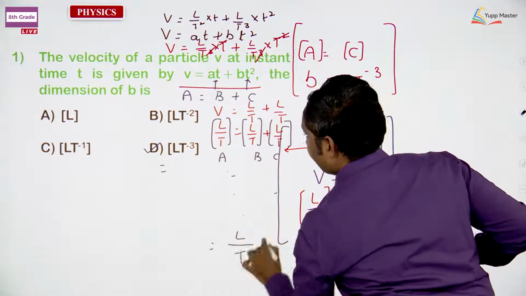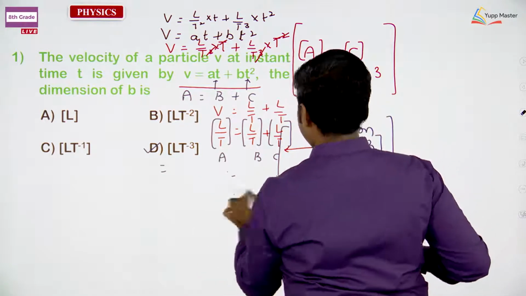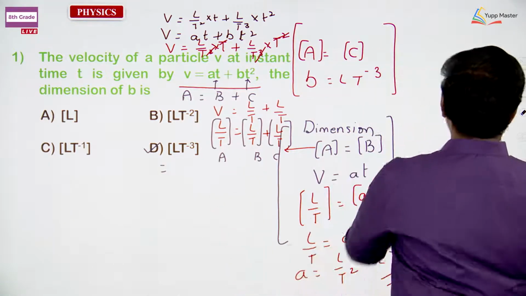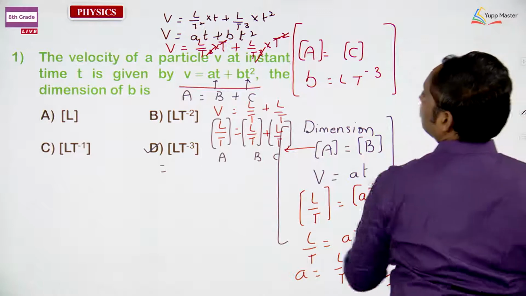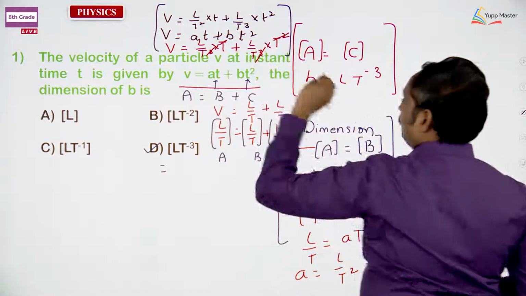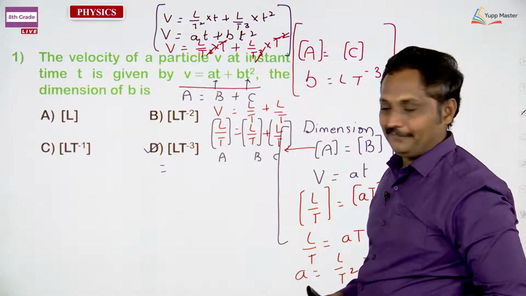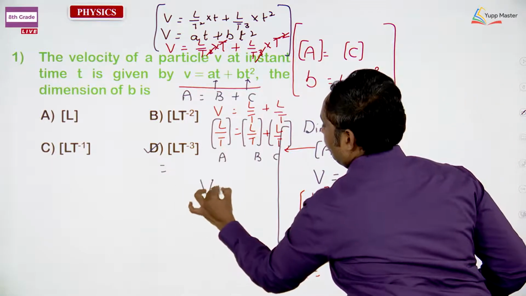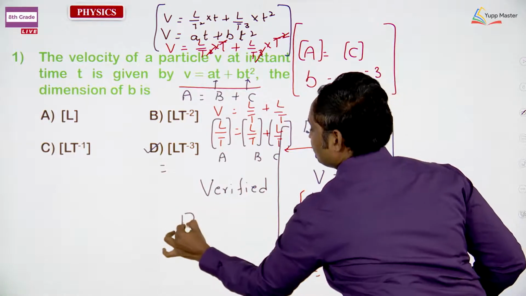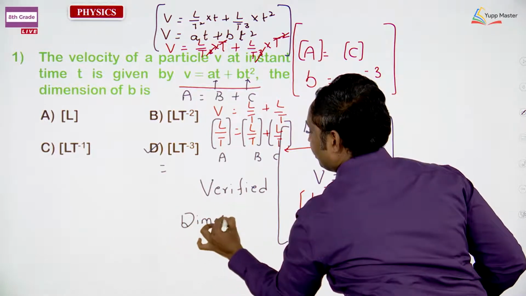Yes, you have to take this one. Right. So, if you have a look, this is the rough work that we have done. After the substitution we have verified this. So, this is a dimensionally correct relation.